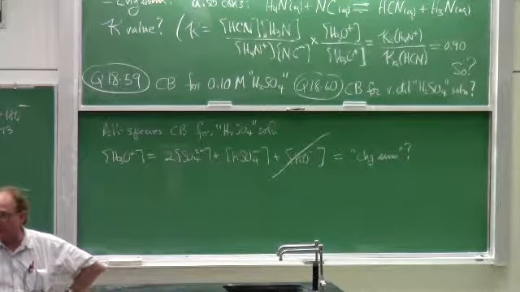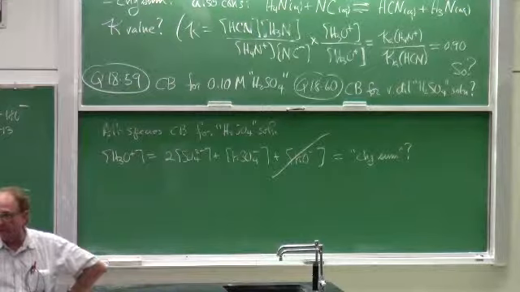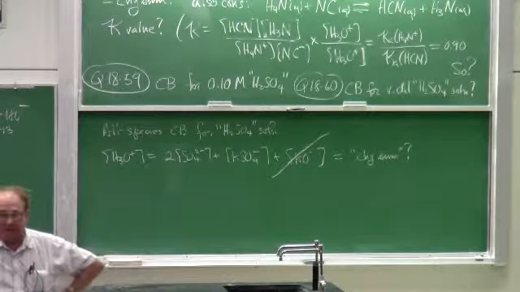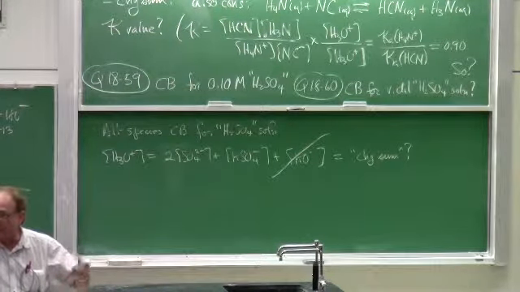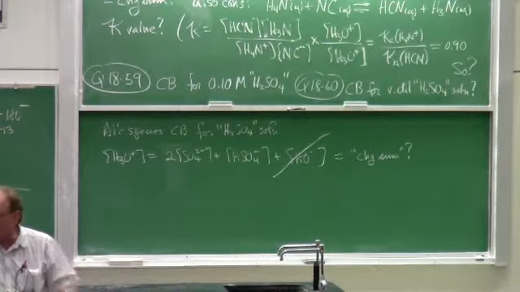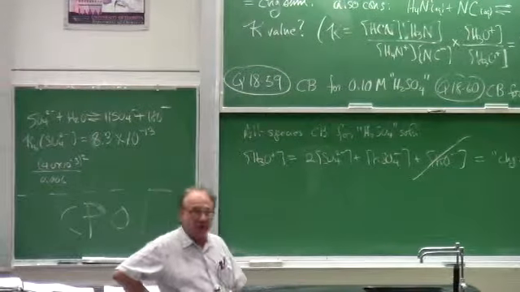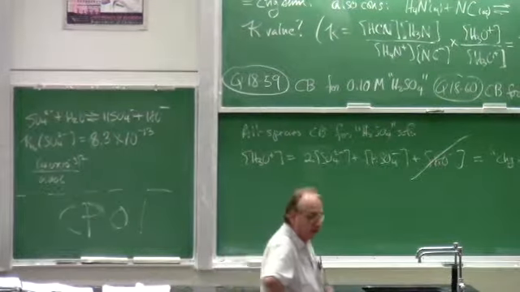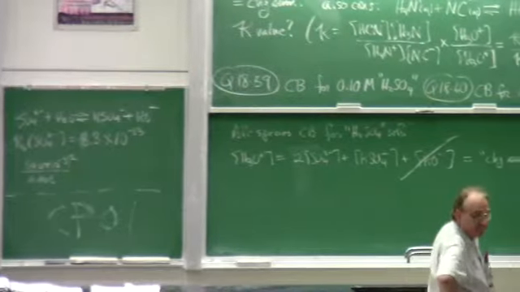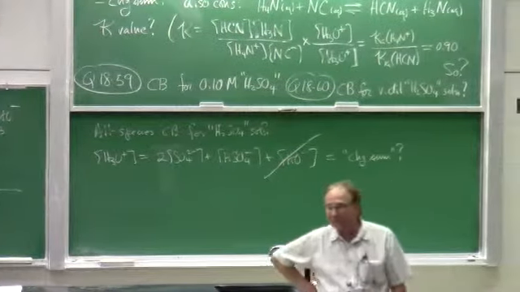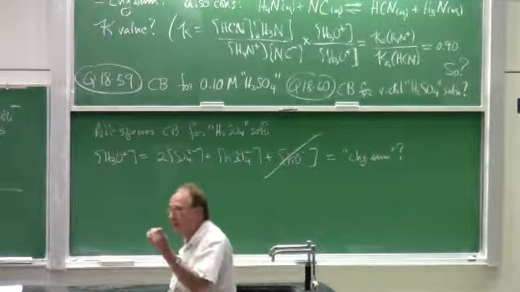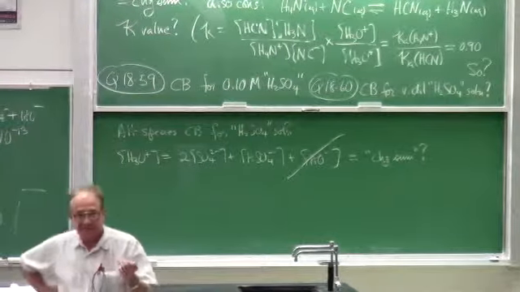Like 10th molar sulfuric acid solution, hydronium ion concentration is at least 10th molar. 100th molar, at least 100th molar. 1000th molar, at least 1000th molar. 10 to the minus 4 molar, at least 10 to the minus 4 molar. Remember? Hydronium ion concentration for a sulfuric acid solution cannot be smaller than m sub I.